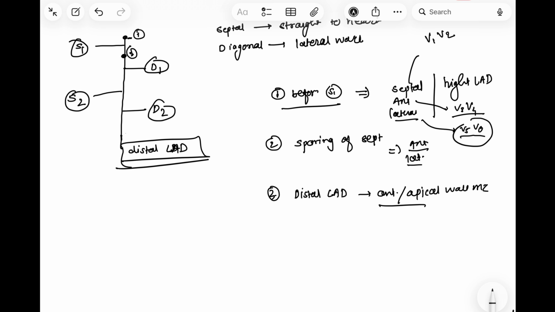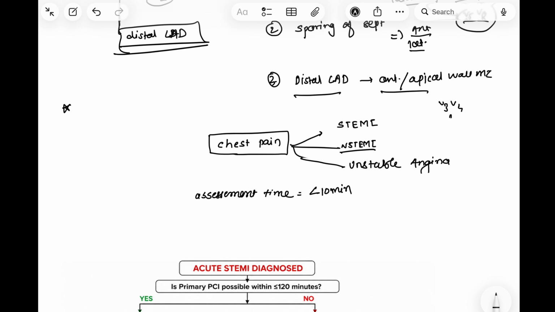And if you only get the anterior wall MI, that is V3 and V4, then you can say there is a distal LAD occlusion. So these are the levels of occlusion in LAD. I hope you understand both RCA and LAD, and the levels at which we are going to get these ECG changes and occlusion. So this was all about the ST elevations.